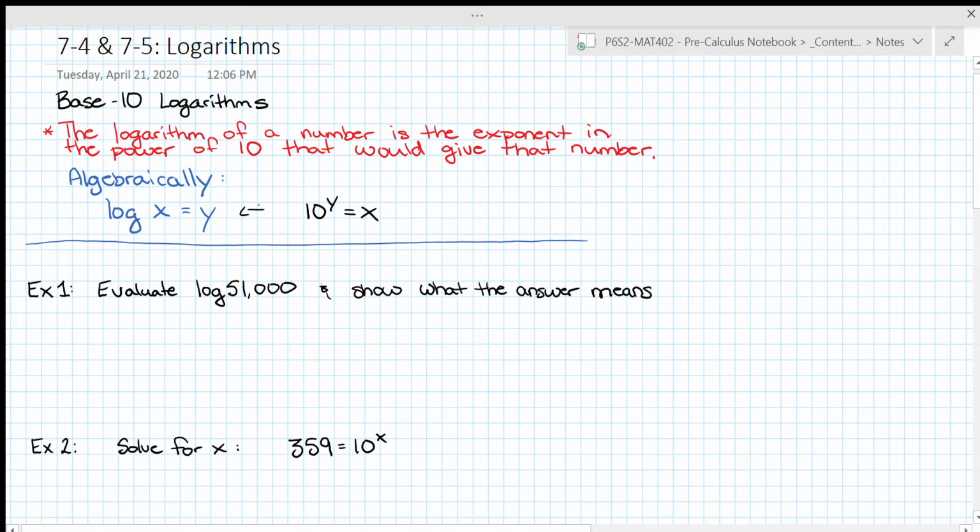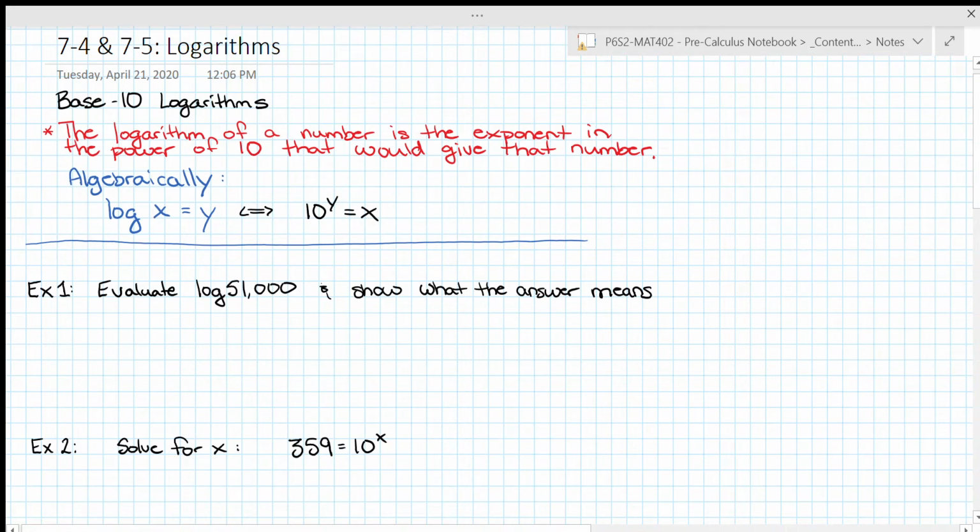These two things are synonymous, like we use them interchangeably. We call this logarithmic form on the left, and on the right we have this exponential form. But the whole idea is that a logarithm is a function. I put some number into that function, and what comes out is the exponent in the power of 10 that would give me that original input.